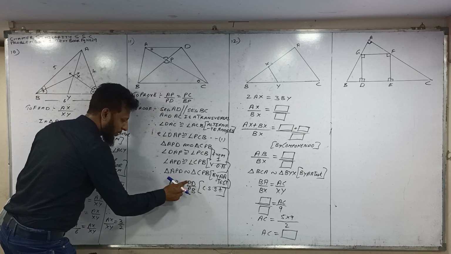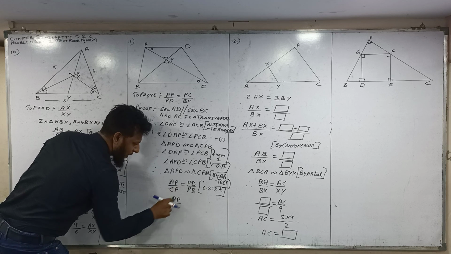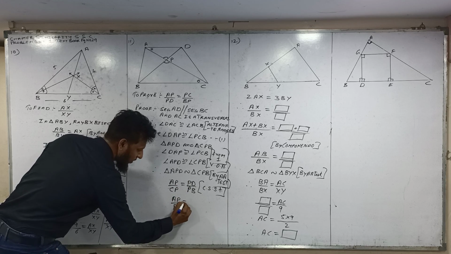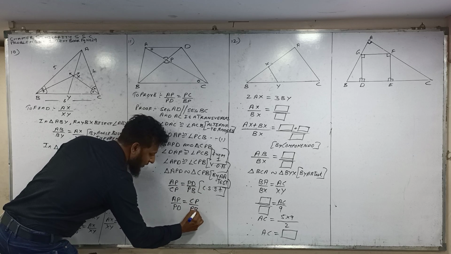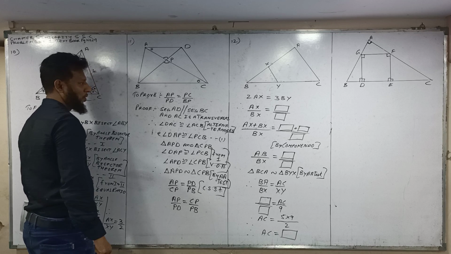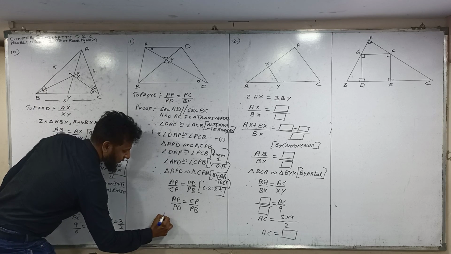Cross multiply, put this AP as it is. Cross multiply or alternando, PD will come here, CP will go there, and PB as it is. So we have proved this.